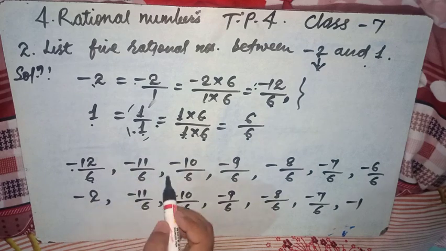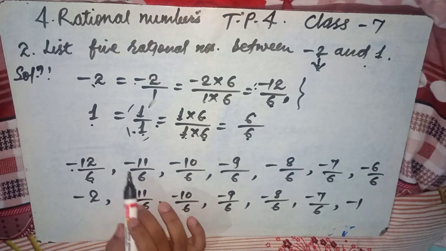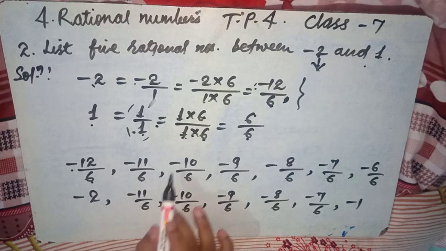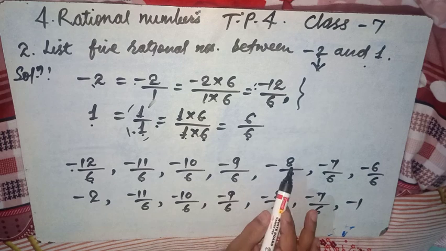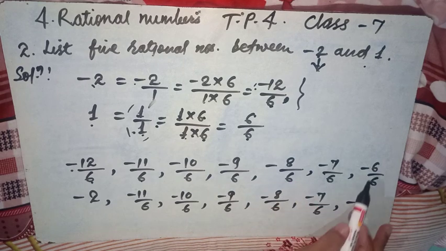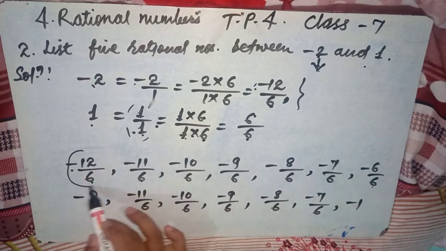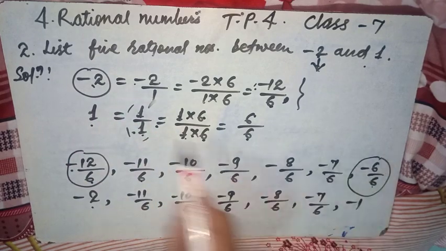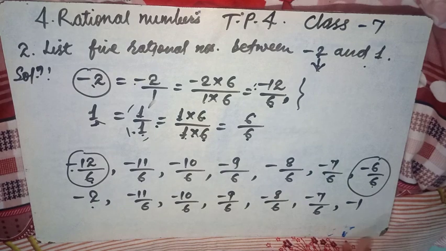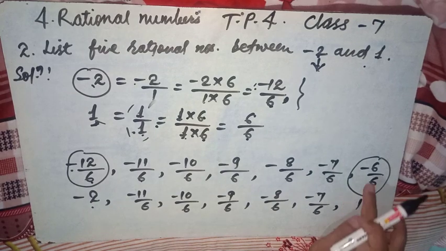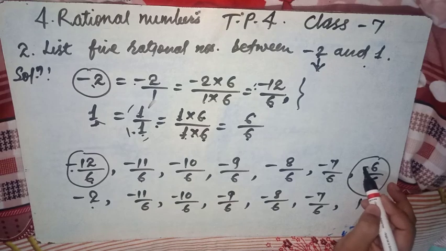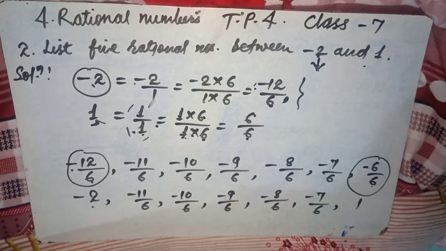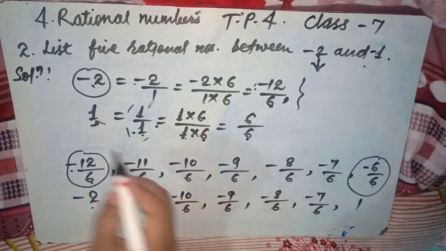Now if we increase -12 by 6 step by step, we get -11 by 6, -10 by 6, -9 by 6, -8 by 6, -7 by 6 and -6 by 6. Here -12 by 6 is equal to -2, and -6 by 6 is equal to -1, sorry, here it is minus.